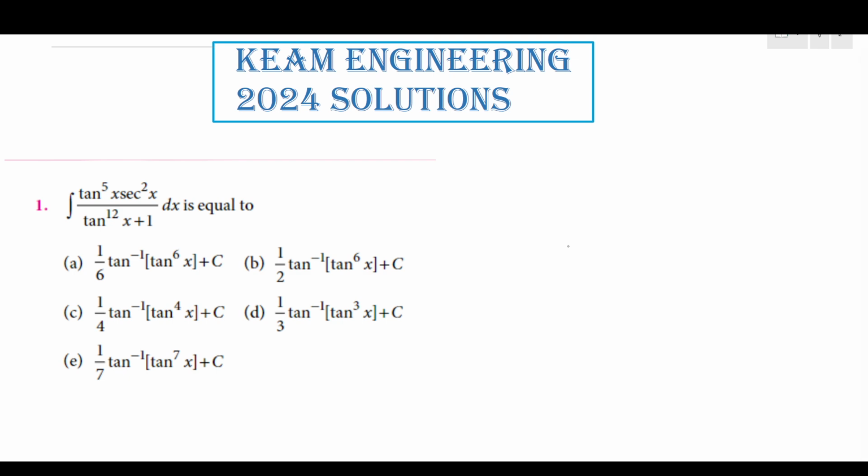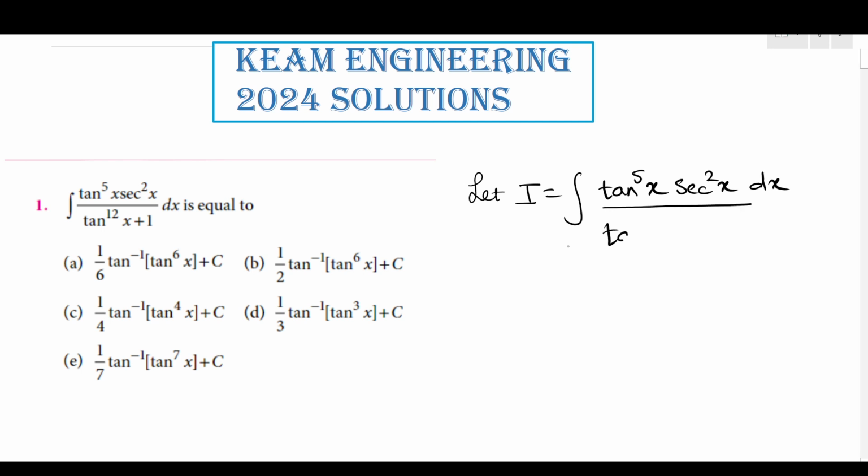Today we are going to solve KEAM engineering questions. So this is your first question. Let I equal the integral of tan to the power 5x secant square x dx upon tan to the power 12x plus 1.